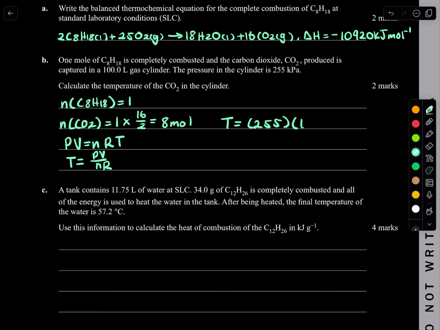Volume is 100. The moles is 8. And the R value is 8.31. Remember, it is given in your data book. It is a constant. So let's write that down: 25 times 100 over 8 times 8.31. That gives me 383.